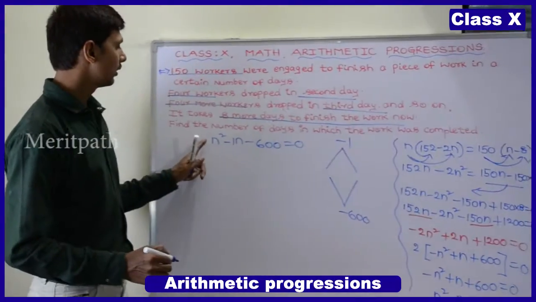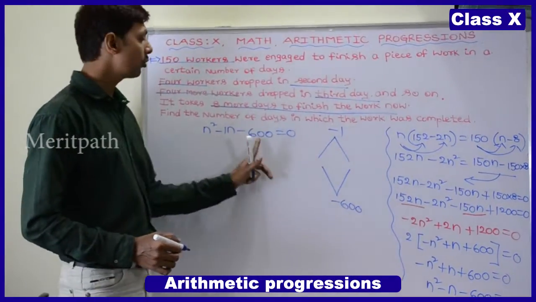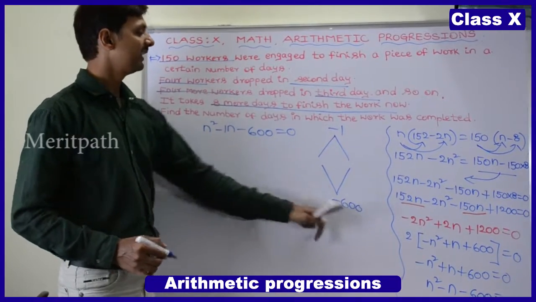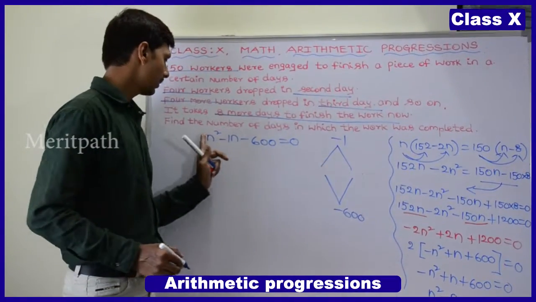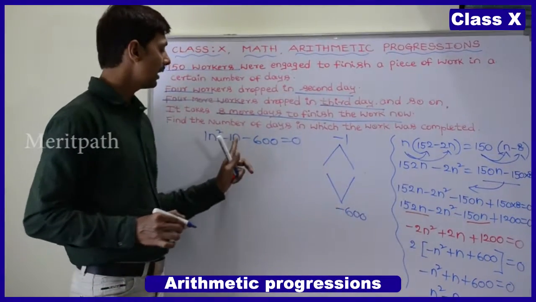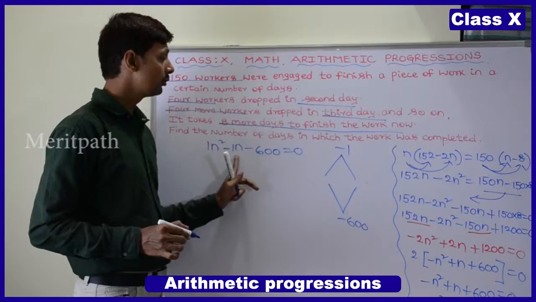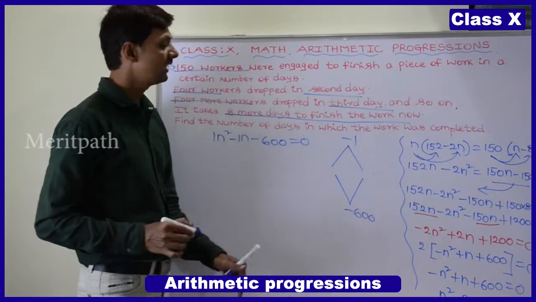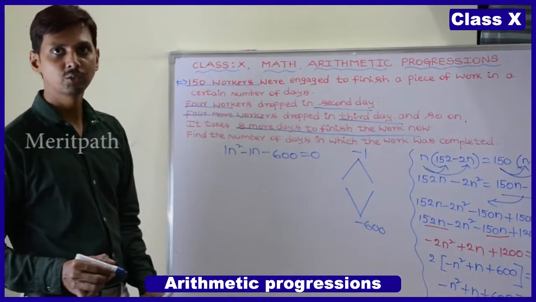So we know that the coefficient of n square and a constant number is multiplied, then we'll be getting minus 600. So 1 into minus 600 is minus 600, and the coefficient of n value is minus 1. So we need to find out the factors for these two numbers.